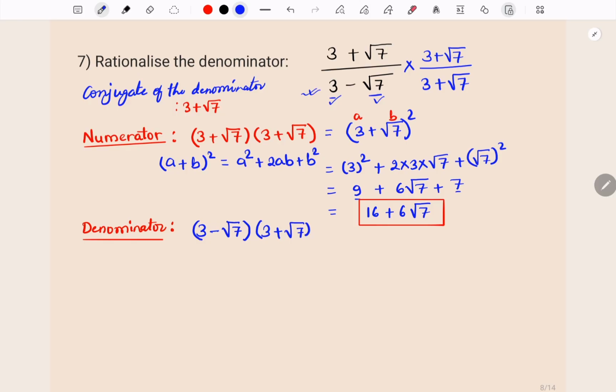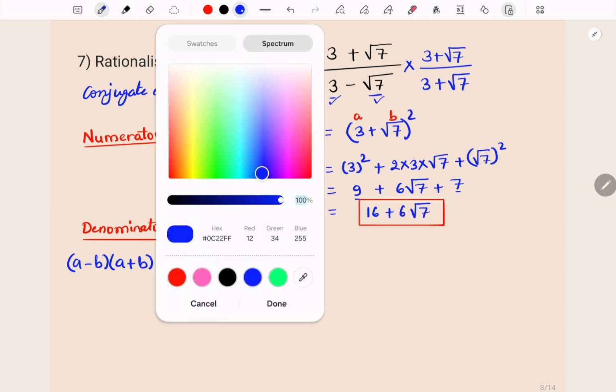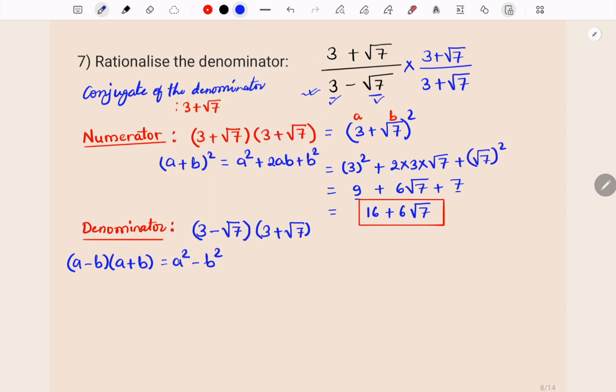Here I can simplify it using another algebraic identity. a minus b multiplied by a plus b is a squared minus b squared. If we compare it with the question we have in hand, we can find that this 3 here is actually our a and this root 7 is b.